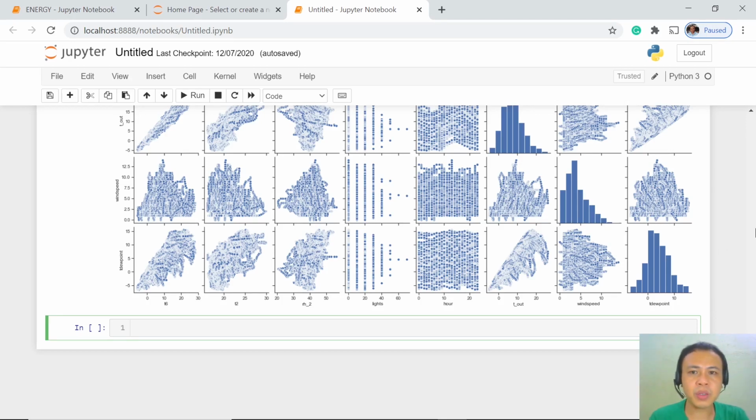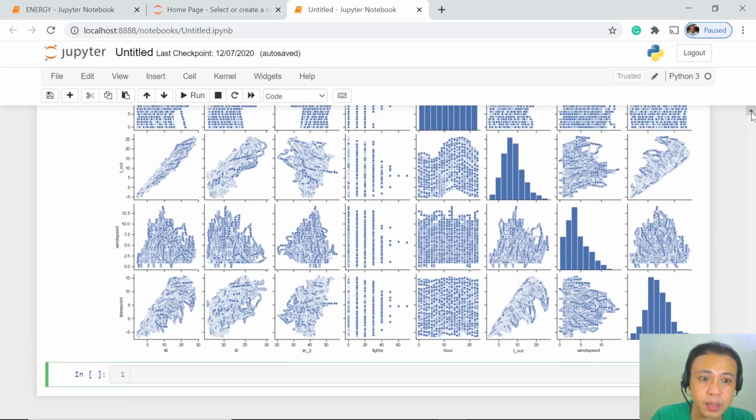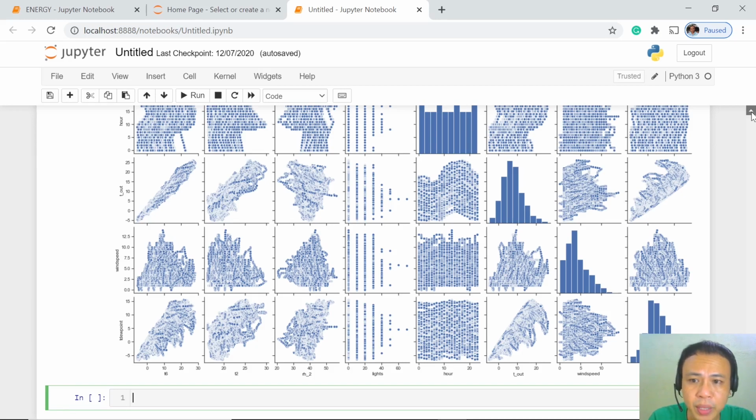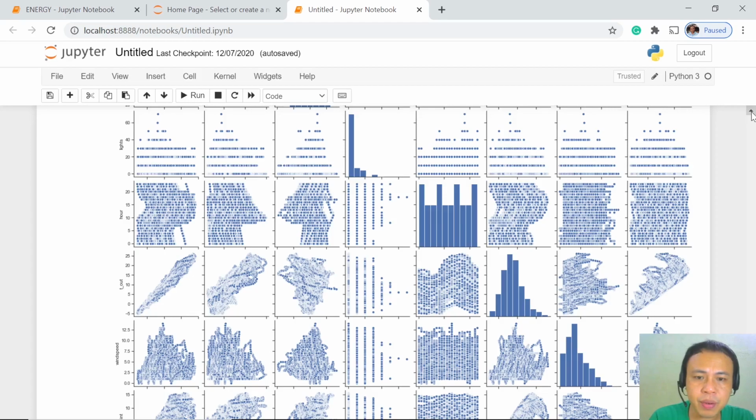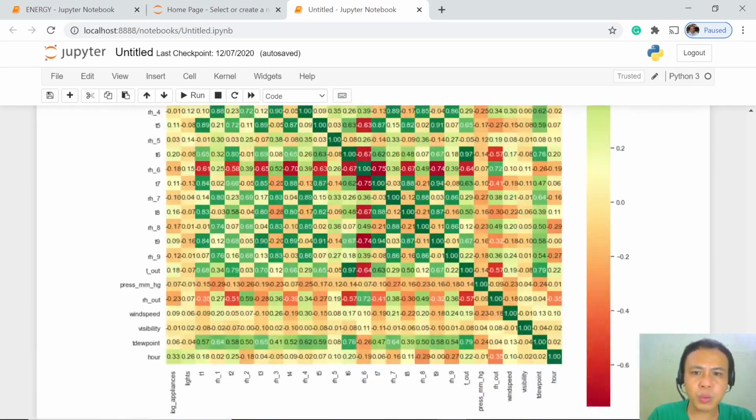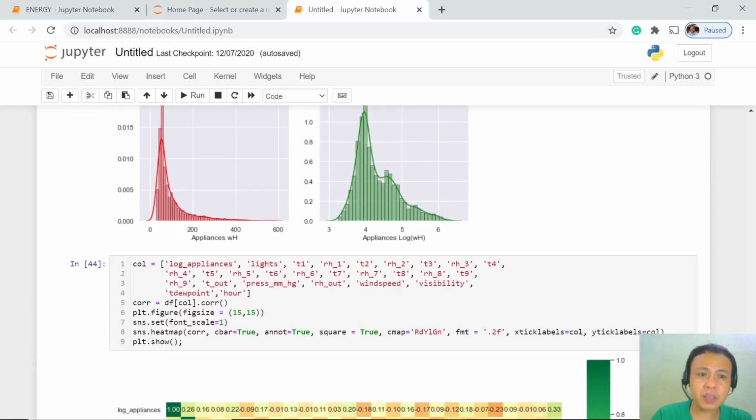For this reason, we're going to use the temperature inside our room as a feature for our modeling. Additionally, we're going to use the humidity and temperature from the room, which have the maximum correlation with our appliance's load. These are the basic things we have to consider before we make our modeling.